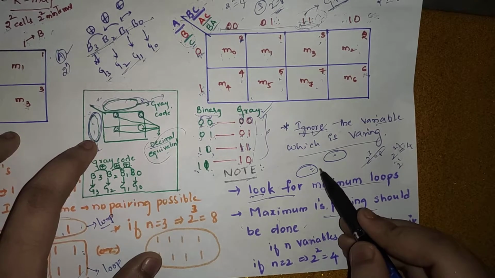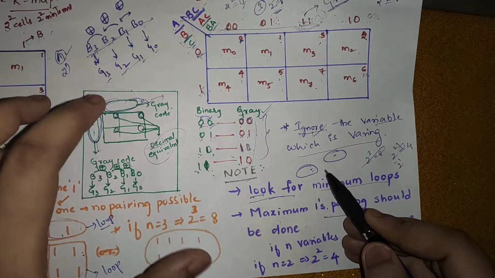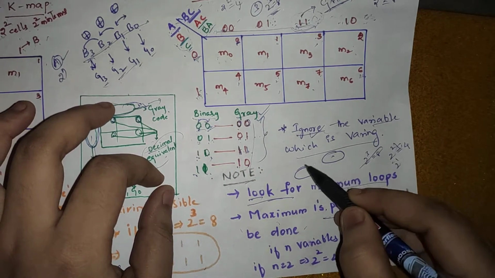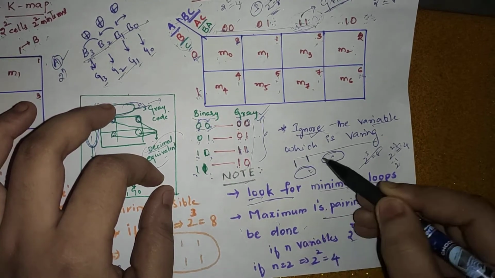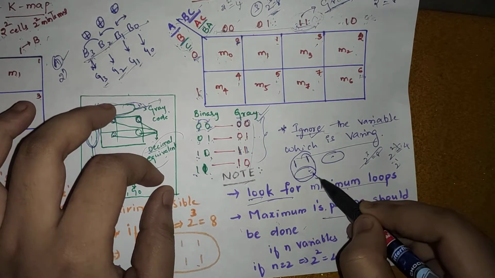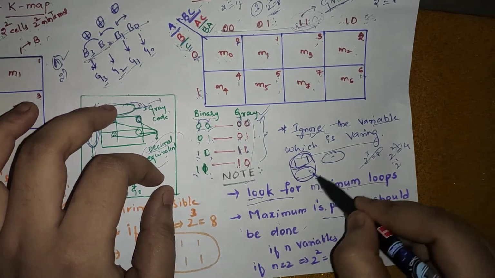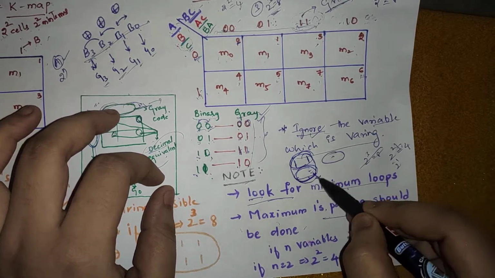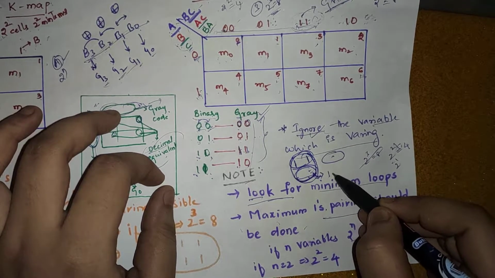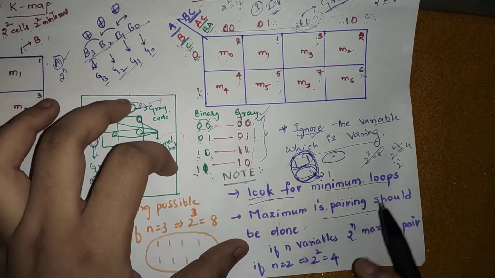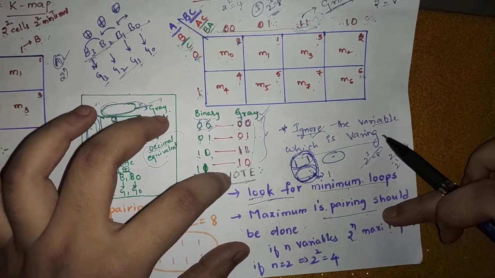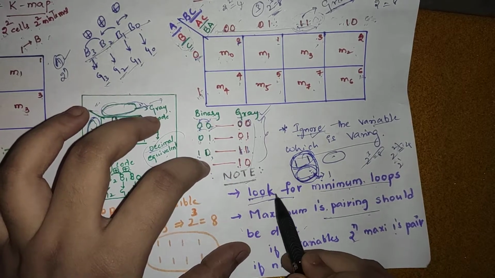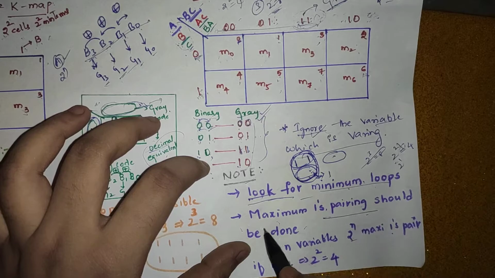So if we take this as one and this as one, that will create 2 loops. But if we take 4 pairing, this will create 1 loop. These 2 points have the same meaning, but the expression is different. Look for the minimum loops and for the maximum ones pairing.